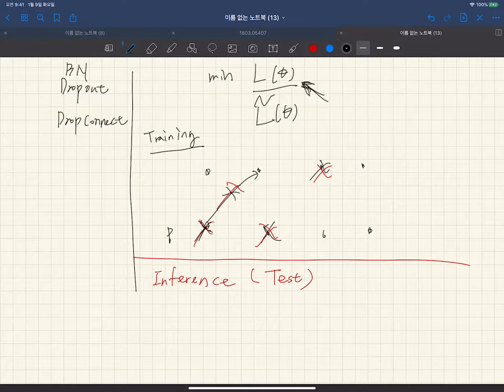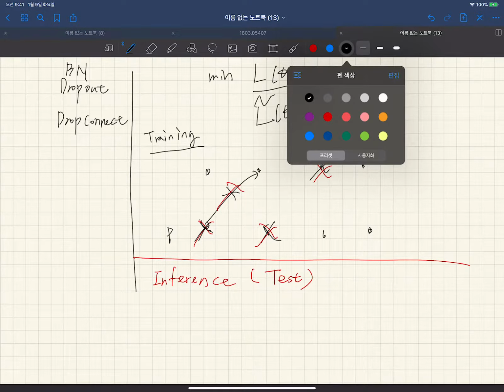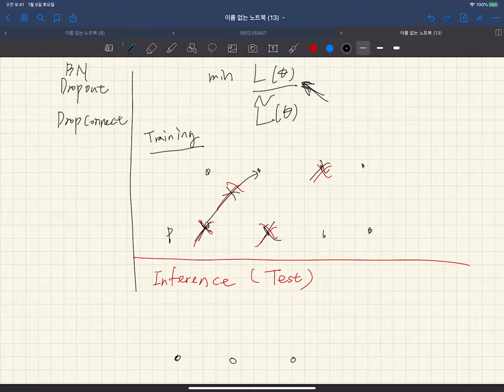So for example, in the dropout case, we do not erase any neuron, but use the full architecture of your neural network, and just multiply by the keeping probability p for each neuron value, because in the training process we only keep a p portion of your neuron values. So you randomly keep the value with probability p.